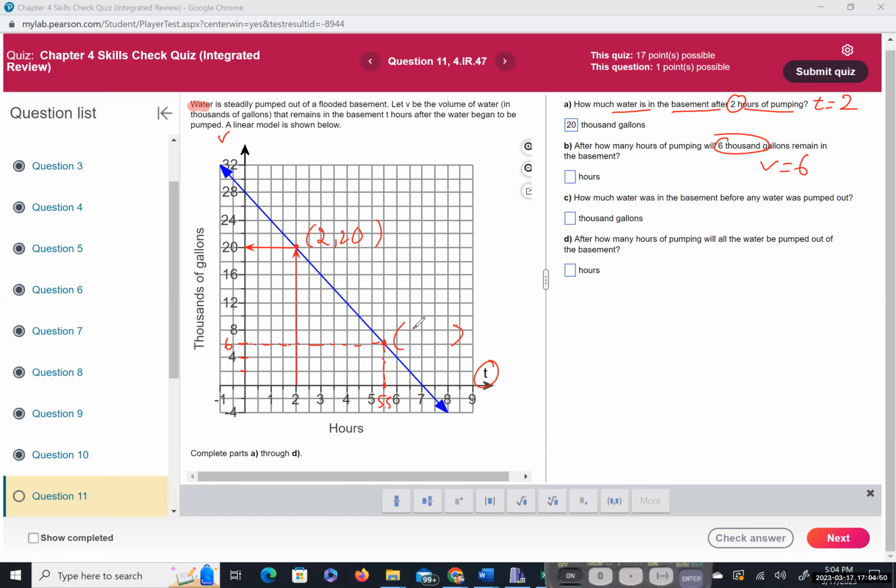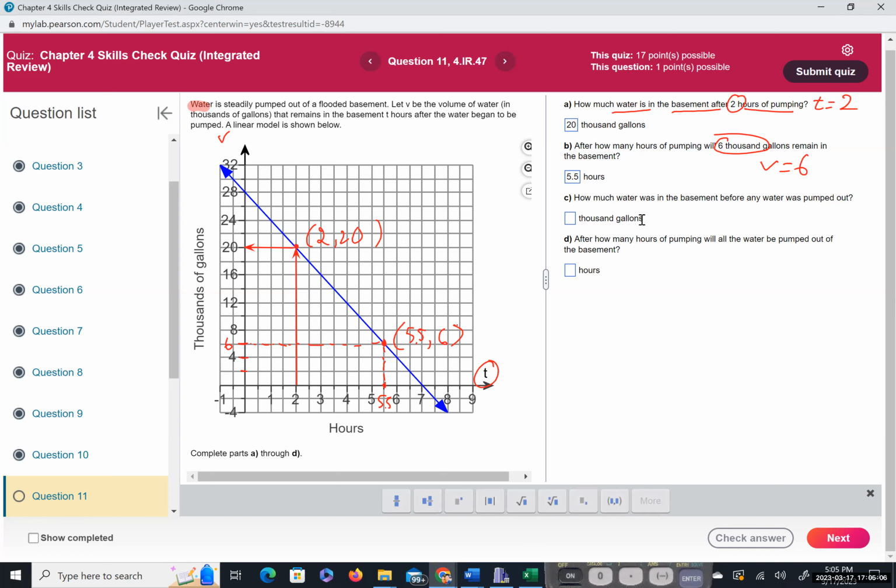So this is going to be 5.5, 6. That means after 5.5 hours.